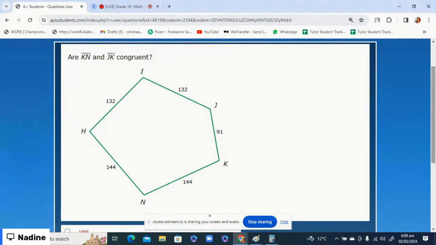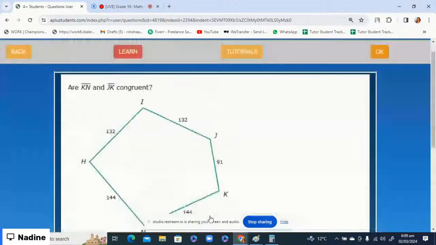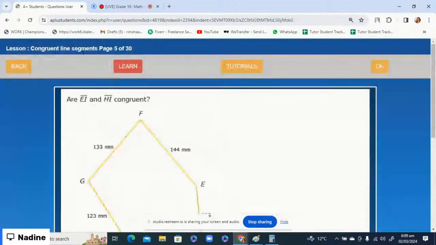J and K is 91. K and N is 144. Are these both congruent? No. So we can say that these are not congruent.